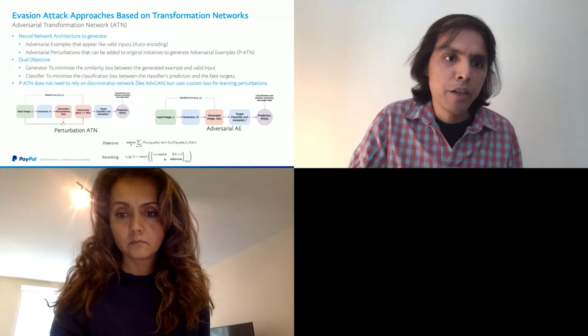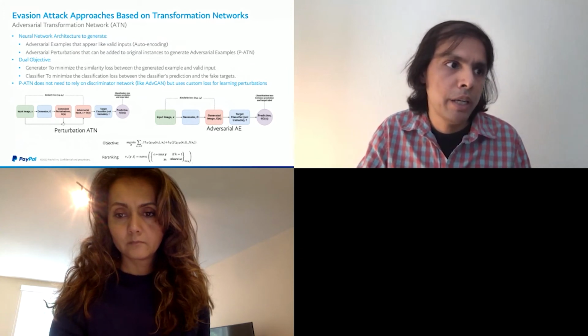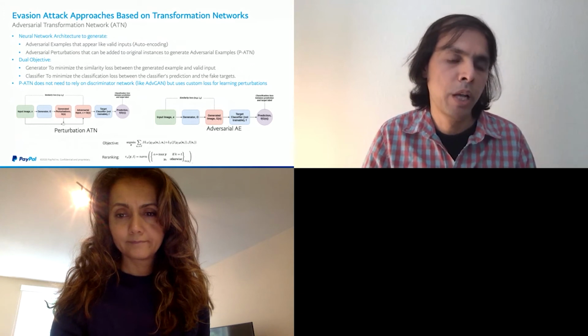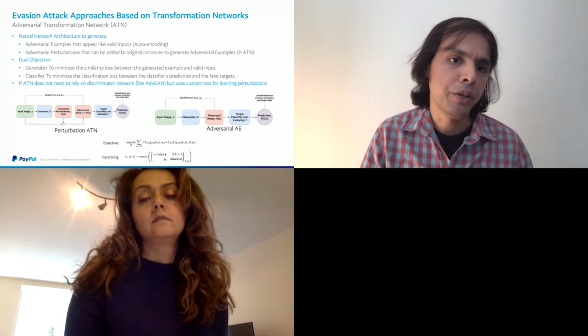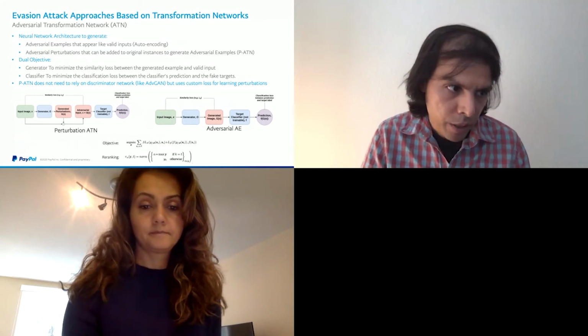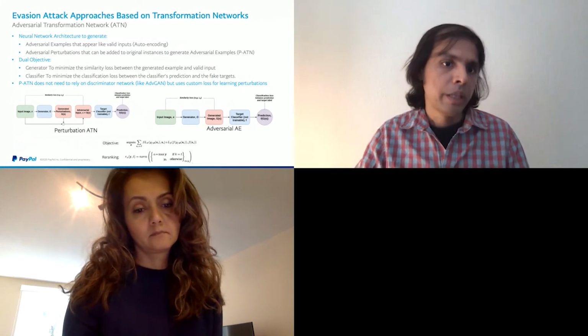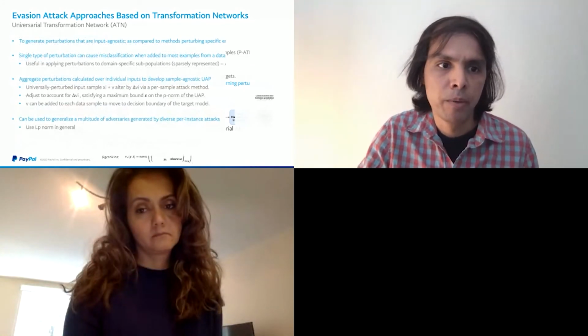The third category of method is the generative method, where we are not looking for gradients or formulating the problem as an optimization problem, but we come up with a neural network architecture which then generates either the examples that could be adversarial in nature, or the perturbations that you can then apply to the instances to generate adversarial examples.